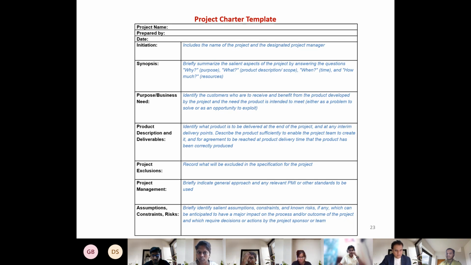So you will brainstorm and then think of all the possible risks. Risks are always brainstormed and articulated. So having said so, let's go to the next page.